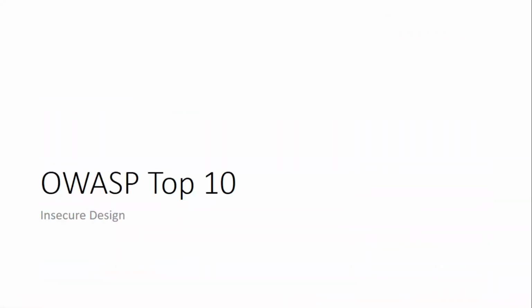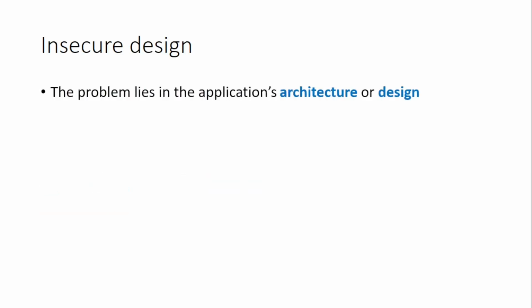And here we go. The next one in this list and the 4th one in this OWASP top 10 is insecure design. So insecure design refers to vulnerabilities which are inherent to the application's architecture. So here the problem lies in the application's architecture or design and not really in the implementation.